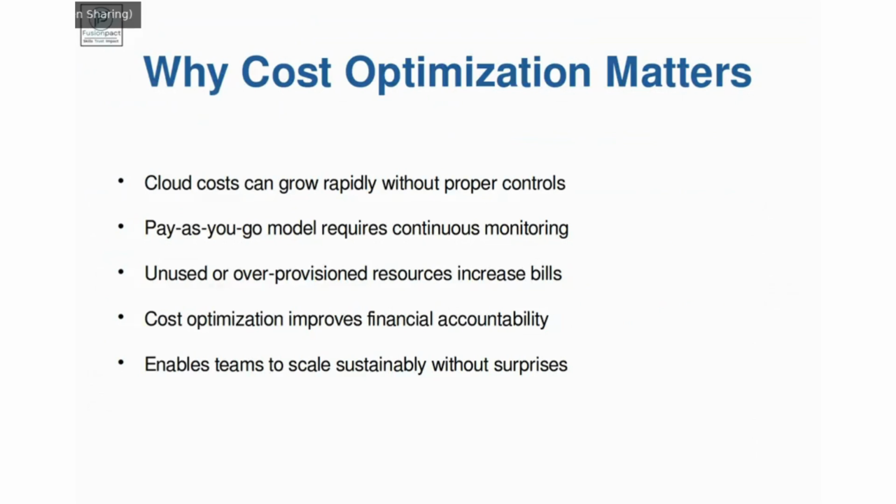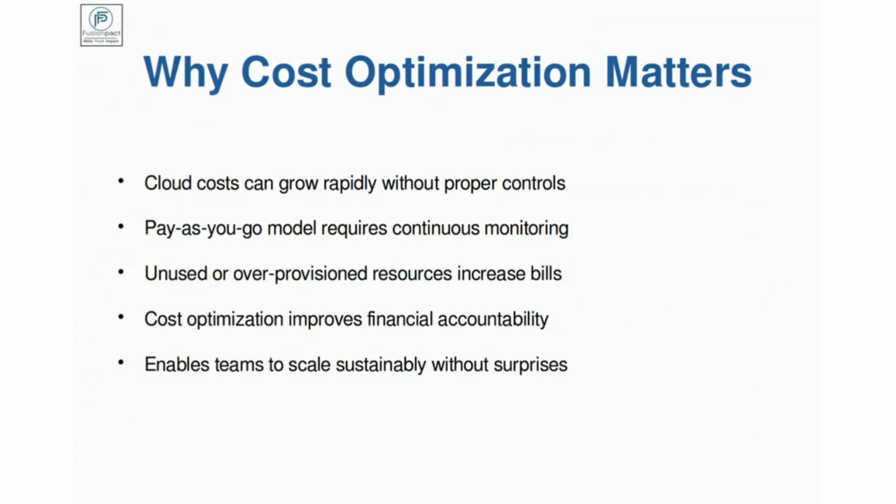Unused or over provisioned resources increase our bill. Like if we have an EC2 and we forgot to terminate that instance, and none of the team is using it, but it's still running there, it will increase our overall cost of AWS resources.